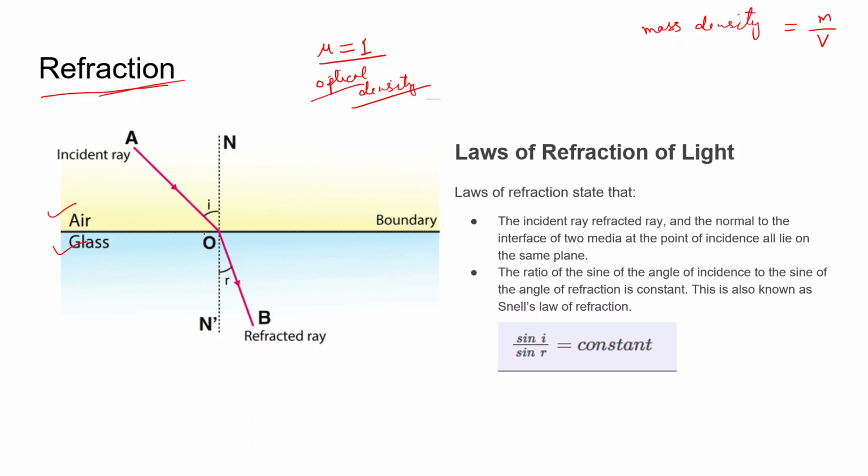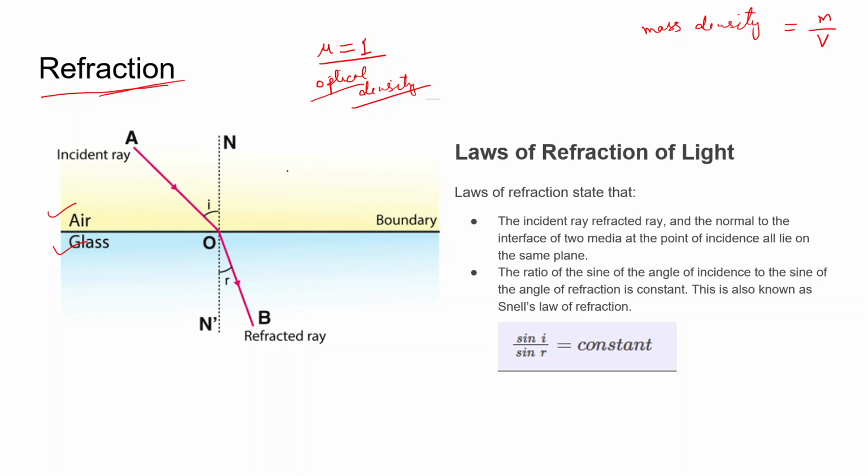Like the case here, glass is transparent, which means the light is passing through it. Since it's going from a rarer medium to a denser medium, its speed changes.